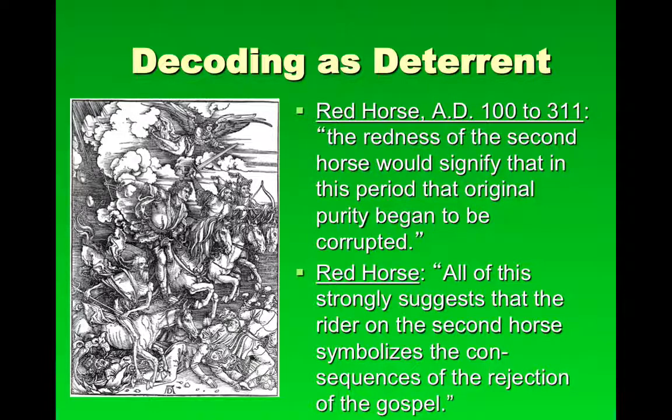Whereas another, more recent interpreter seems to say that this red horse represents conditions in the world, what happens in the world in response to the fact that the world has been hostile to the gospel, has not accepted the gospel. Well, I am just mentioning these things to drive home the point that the decoding approach has been, to many readers, a deterrent to embracing and reading this book and thinking that one can actually read it competently.